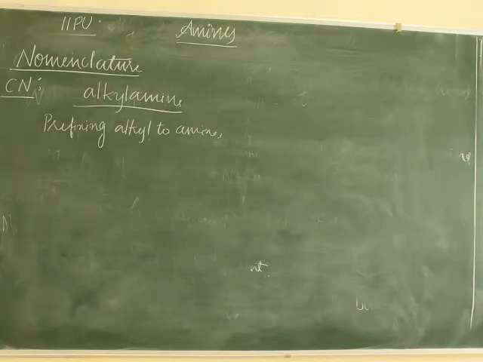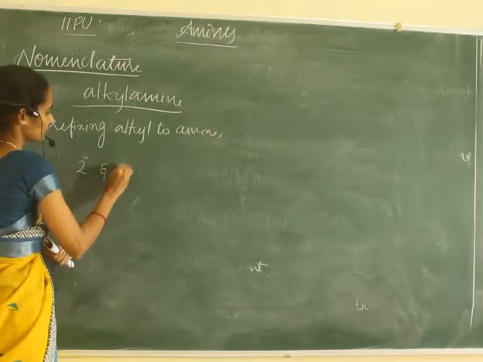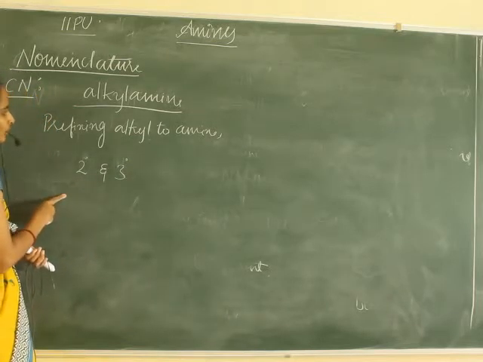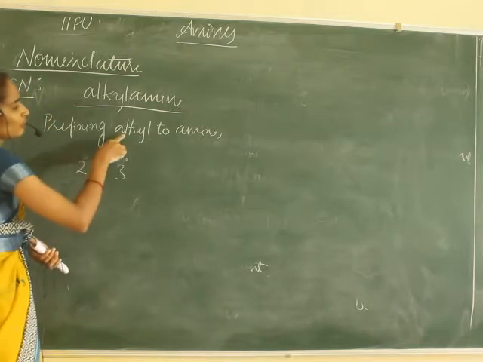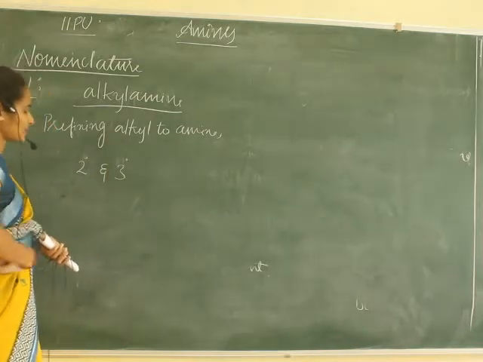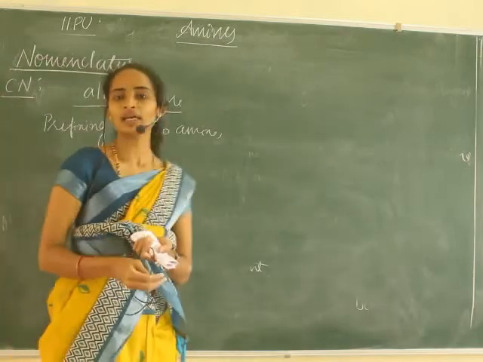If 2 or more groups are the same, then the prefix di or tri is used. That you know. This applies in secondary and tertiary amines; in primary amines this problem will not come. Why? There will be only one alkyl group present in primary amines. In secondary and tertiary, there will be 2 or 3 alkyl groups.